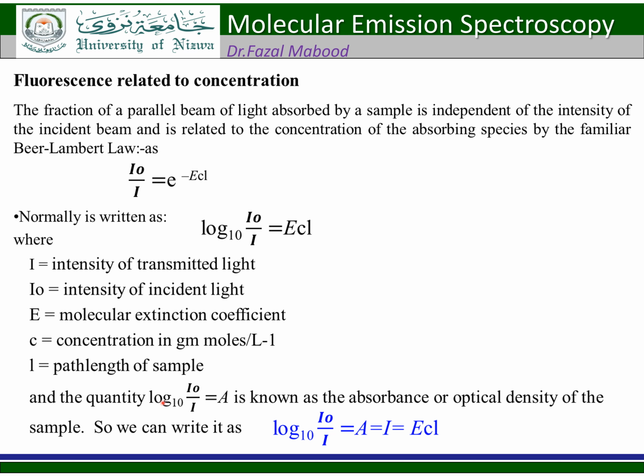The quantity log to the base 10 of I naught by I is equal to A, known as the absorbance or optical density of the sample. So we can write it as log to the base 10 I naught by I is equal to A, that is proportional to emission intensity, and that is equal to ECL.